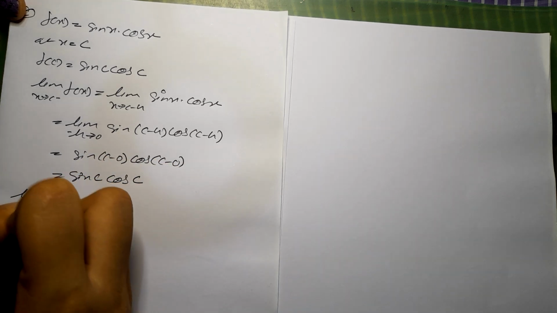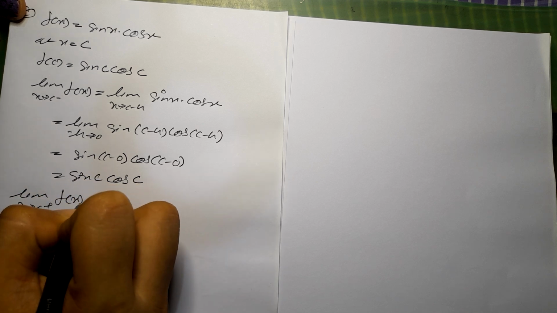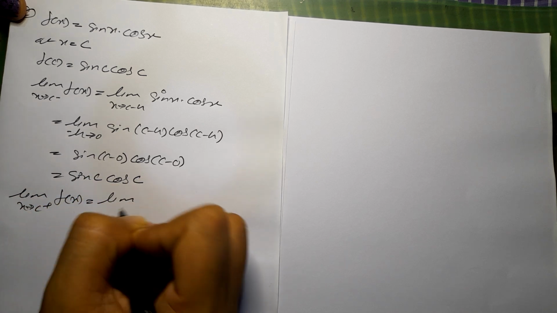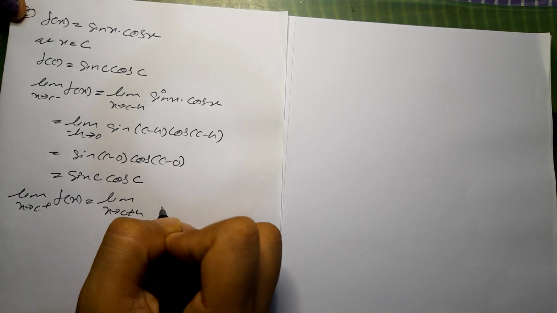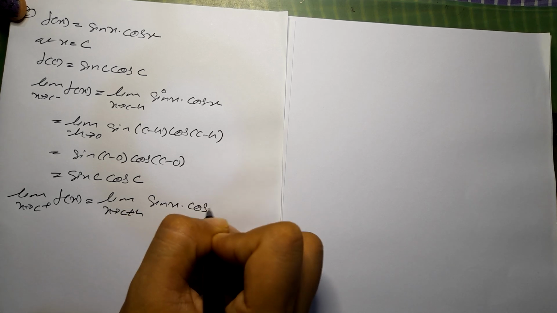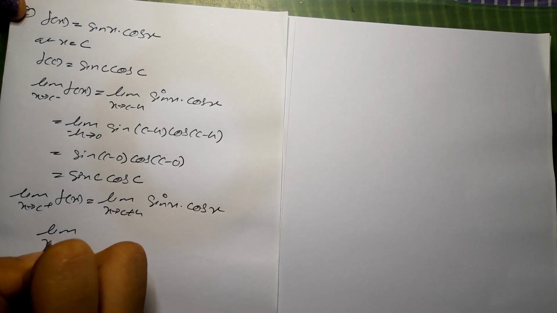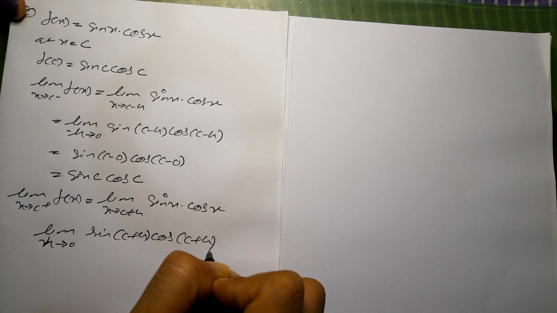Now right hand limit x tends to c plus f of x is equal to limit x tends to c plus h f of x, that is sin x into cos x. Instead of x, limit h tends to 0 sin c plus h cos c plus h.